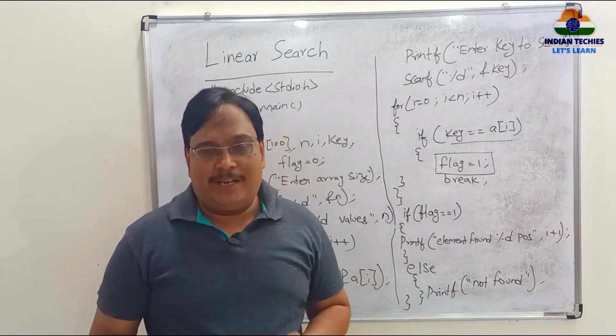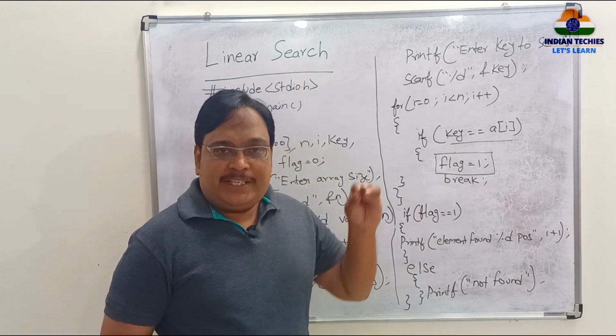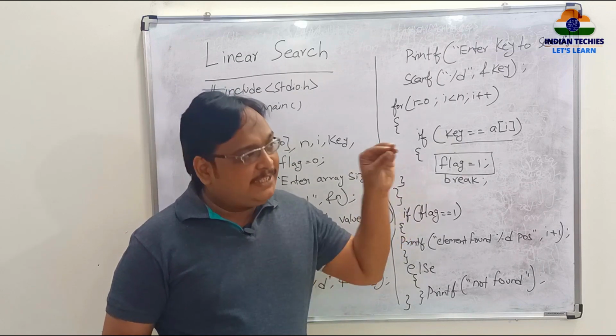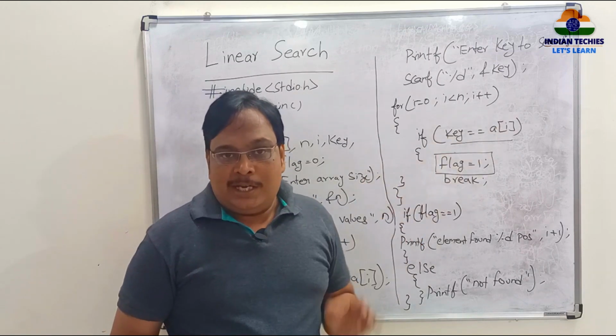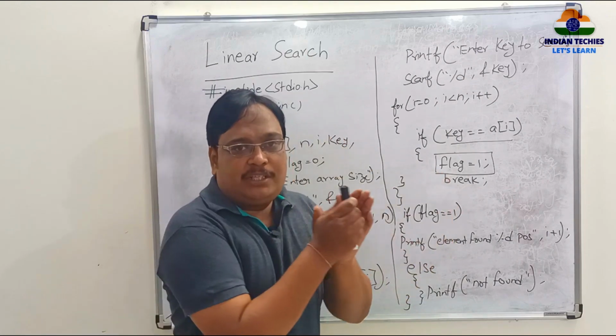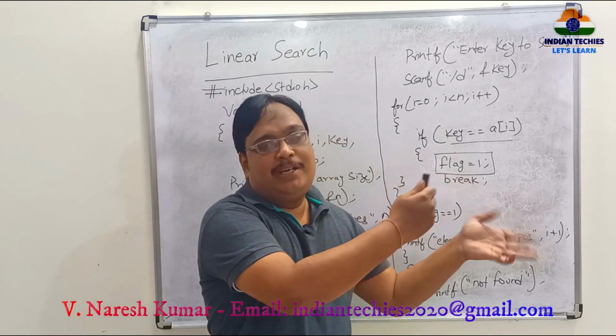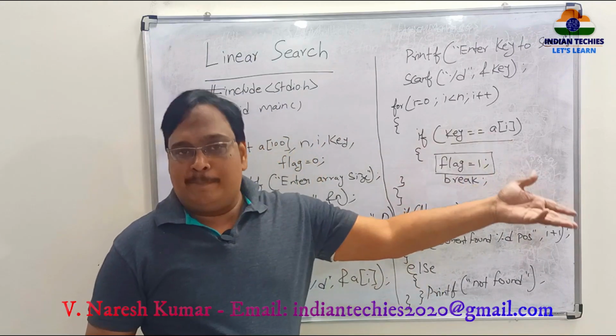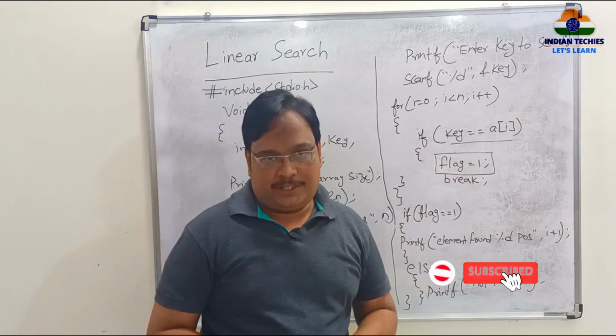Suppose you are checking for a value called 55. If it is in the 5th position and 7th position and 10th position, since it will be identified at the 5th position first, your search will stop, even though it has been repeated n number of times in the next positions.